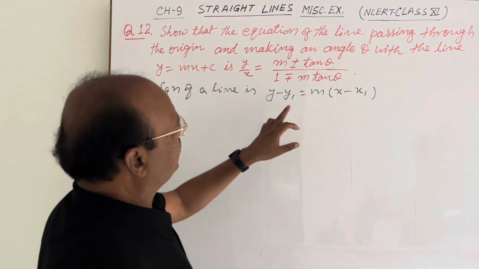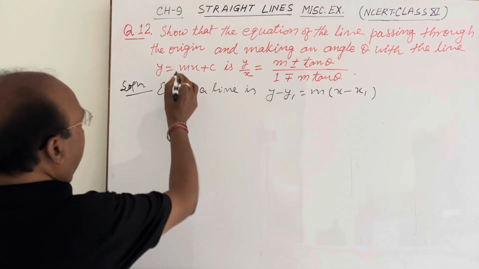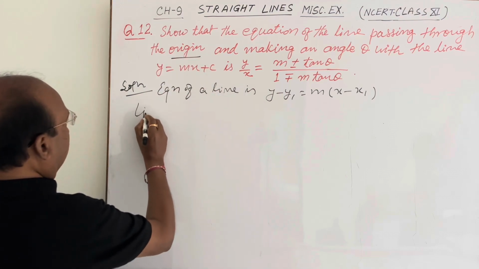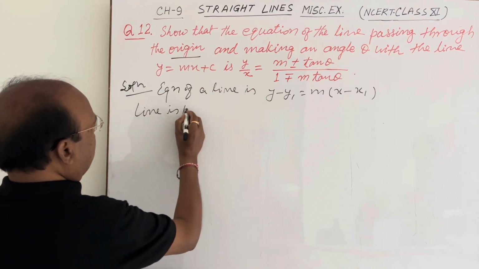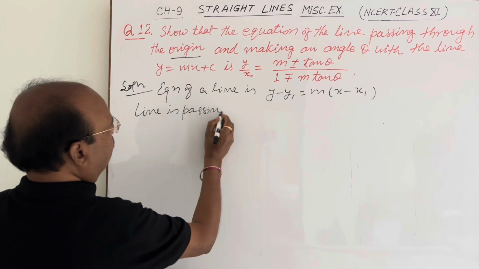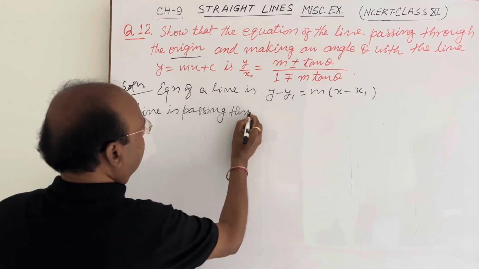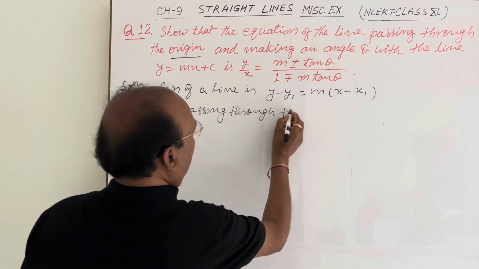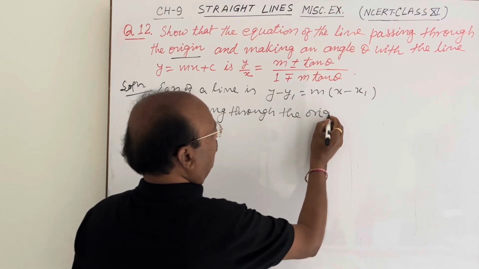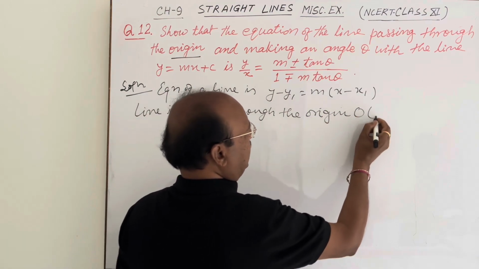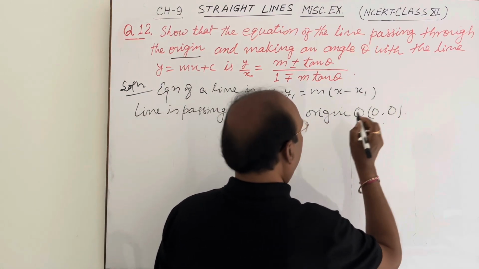This line is passing through the origin, and we know that the origin has coordinates 0, 0.